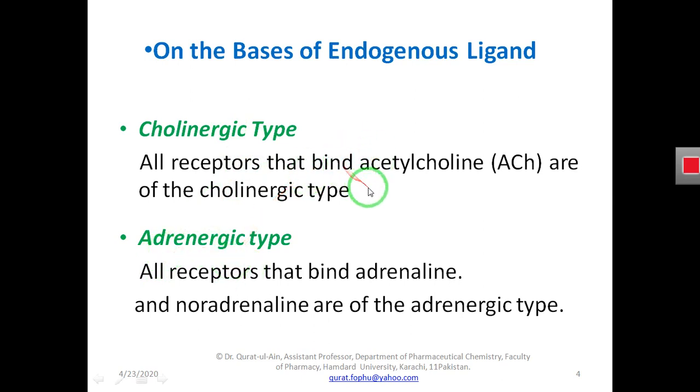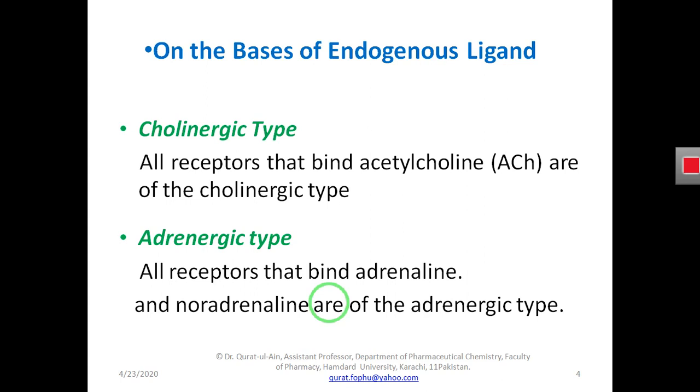All those receptors that bind with acetylcholine, which is a neurotransmitter, a signal, and a ligand, are termed cholinergic receptors. However, all those receptors that bind to the neurotransmitter adrenaline or noradrenaline are termed adrenergic type.